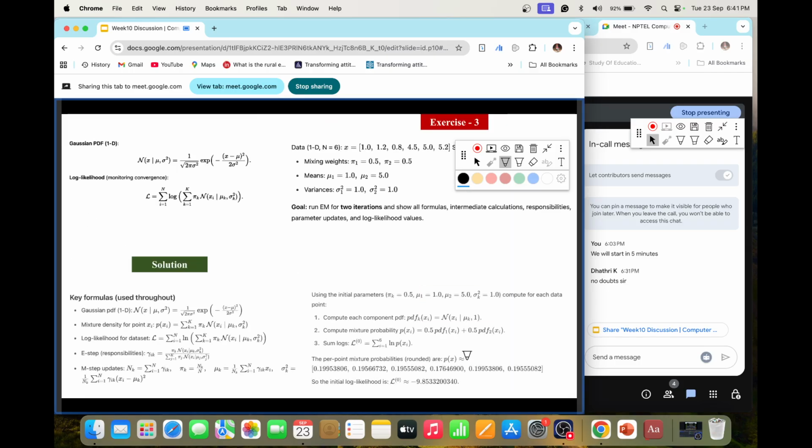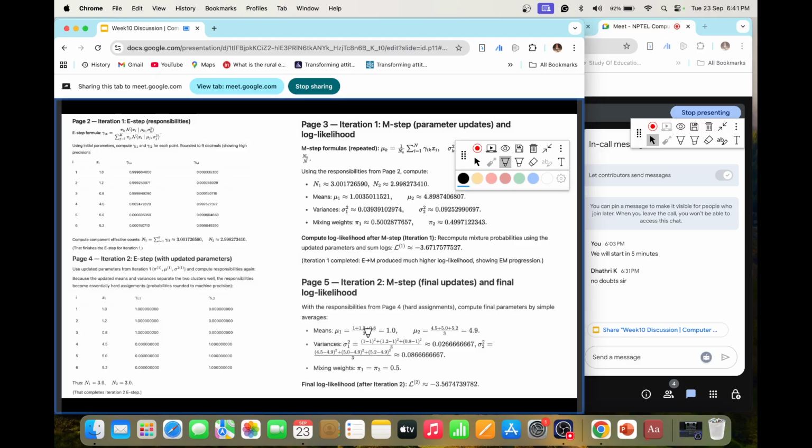Here the same thing has been done. First the likelihood has been computed as L0, and then mu1, sigma 1, or the variance, and pi1 have been changed to get L1, and then in the next step pi1 has been changed again.